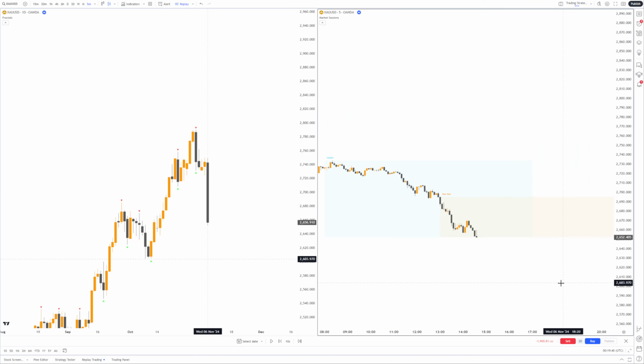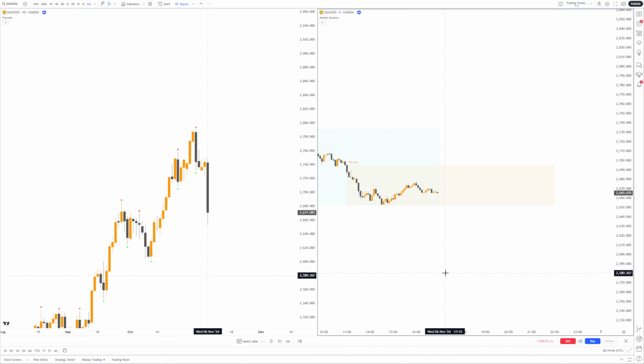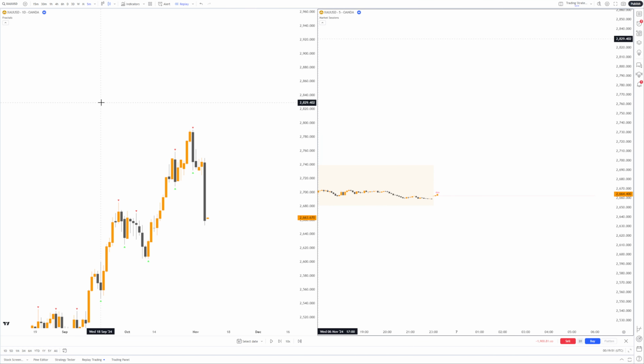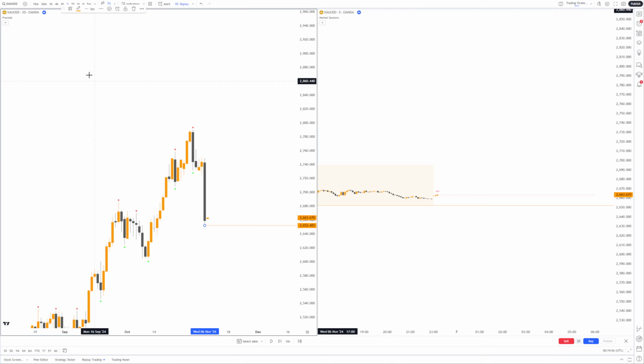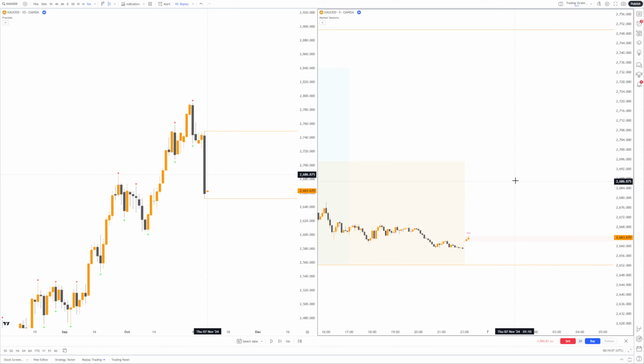Okay, price completely fell. Okay, we wait for the next day. Okay, there you have it. So we mark out the high, we mark out the low, and we just wait.